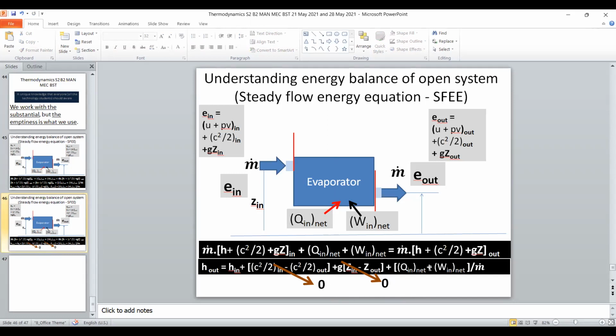But this heat and work interaction here, W term also negligible because no work done.